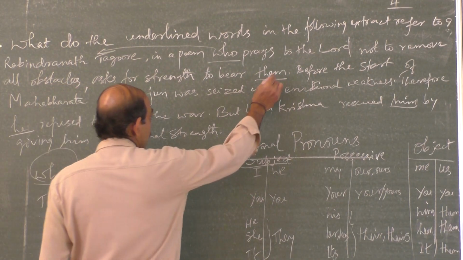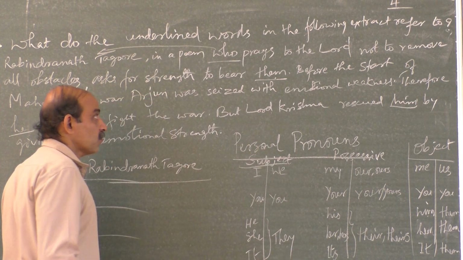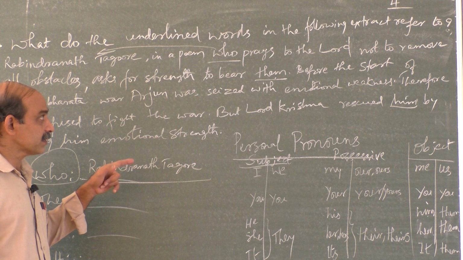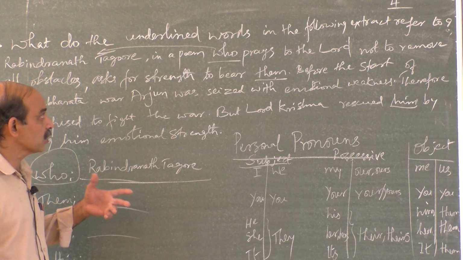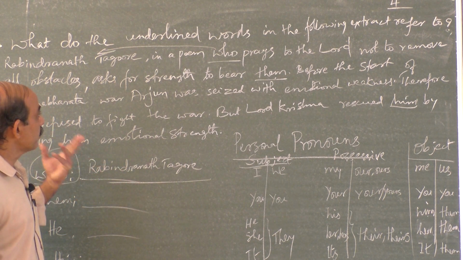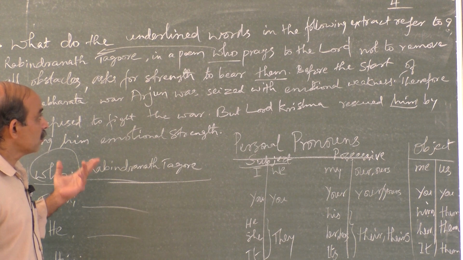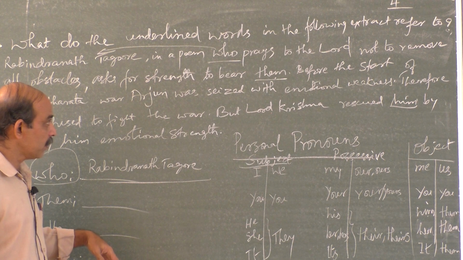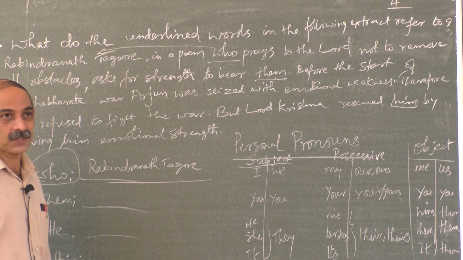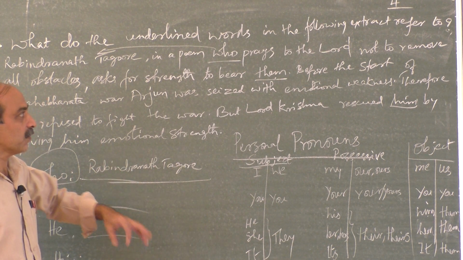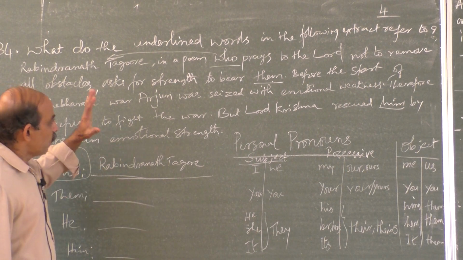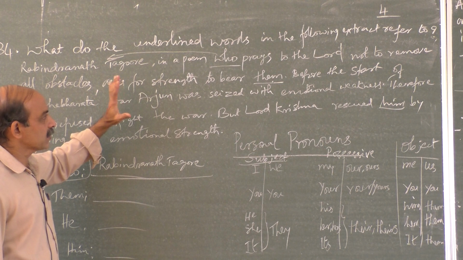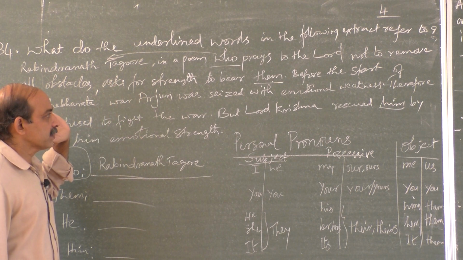So what is this them? Some students are not able to find out because it is a long sentence, and in the sentence they get confused sometimes, because them, is it Rabindranath Tagore or Rabindranath Tagore and Lord Krishna and Arjuna, all these three people? These are the confusions that automatically come to the mind of the students. But the very important factor is that we must understand the paragraph that is available.